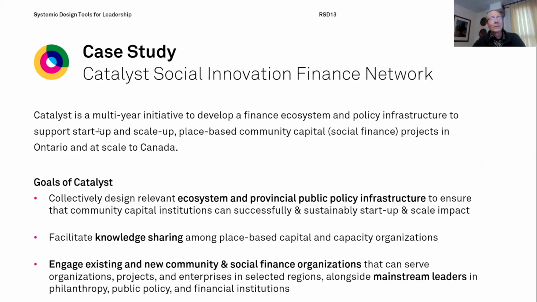So the case study, as I had indicated, from the Catalyst Social Innovation Finance, is a social network and a collaborative platform in Canada that has had its first major conference this year as well.